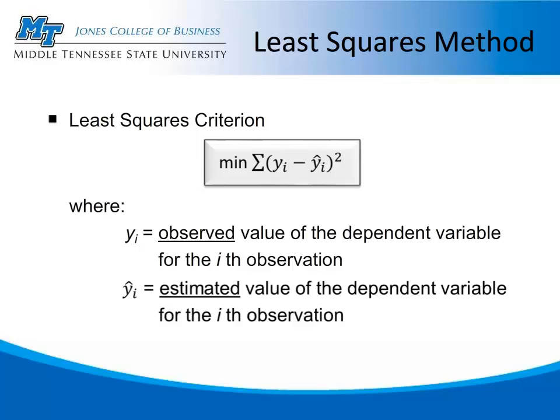So when you take the errors and you square them and add them up, you have the sum of the squares of the errors. And what you want to do is to make that as small as possible. And that's why it's called the least squares technique. We're going to minimize the sum of the squares of the errors. Another name for the difference between y sub i and y sub i hat is also the residual.